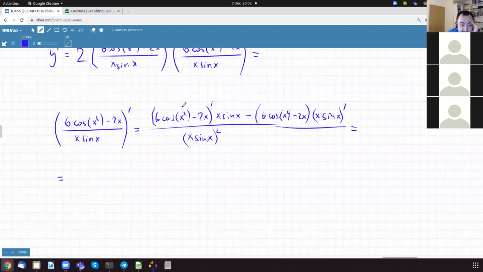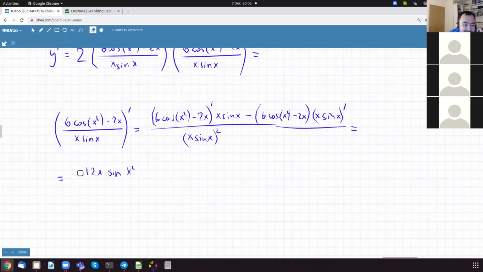Now you find the derivative of this. Here I find the derivative of this. I use the chain rule again. So it's going to be 6. Sorry, it's actually going to be 12, because the 2 comes out. 12x multiplied by minus sine x squared.